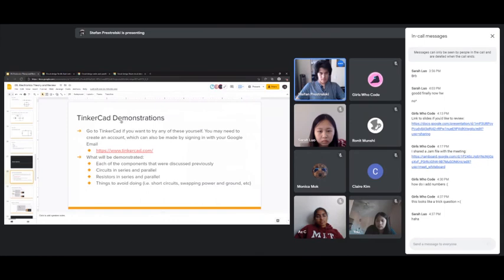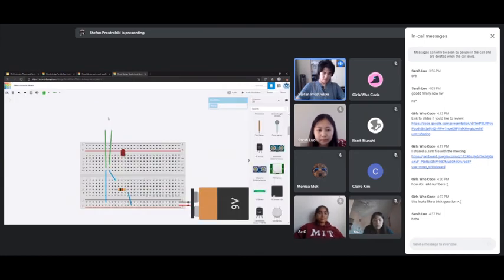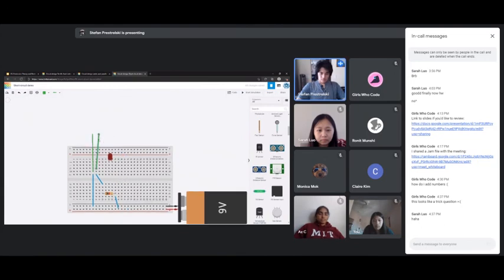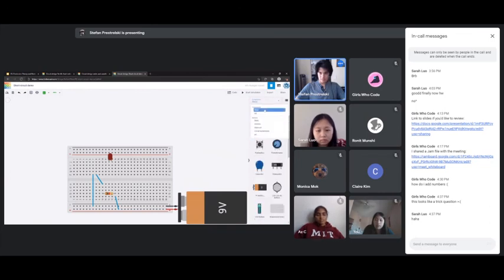Oh yeah, one more thing I want to demonstrate is what happens if we have some light bulbs here. Let's grab some LEDs. Grab a few more LEDs.